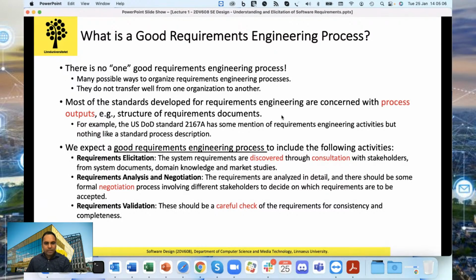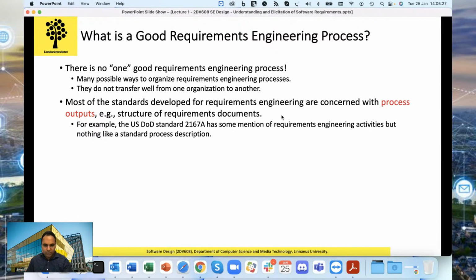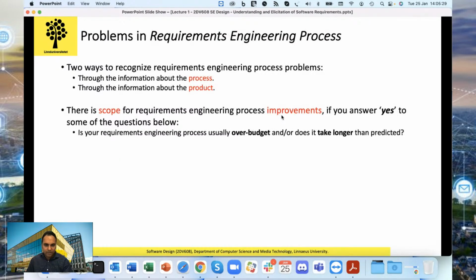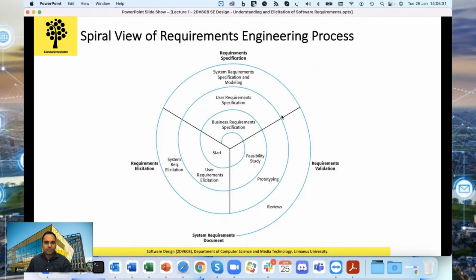So we expect a good requirements engineering process to include these three activities: requirements elicitation, requirements analysis and negotiation, and requirements validation. These three activities were shown in the spiral model in the earlier figure. So it is in this figure.